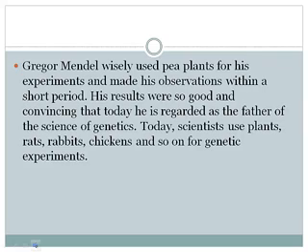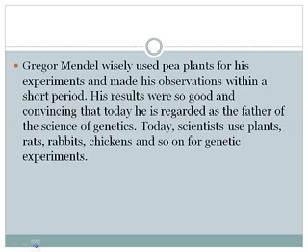Remember we said earlier that the growth period of the garden pea plant is very, very short. So he used this pea plant to make his observations within a very short period of time.